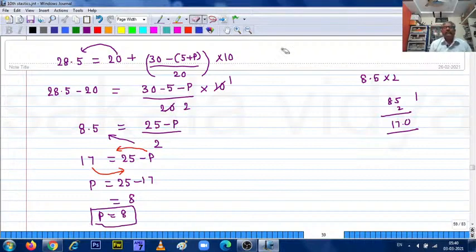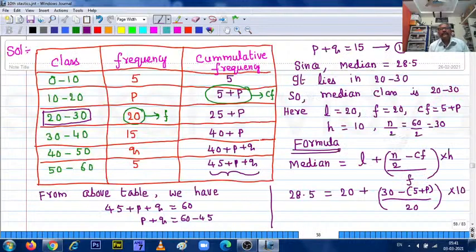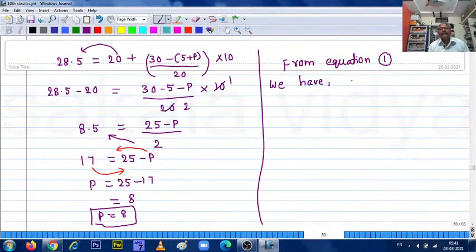So now from equation 1, go back to the question, P plus Q is equal to 15.